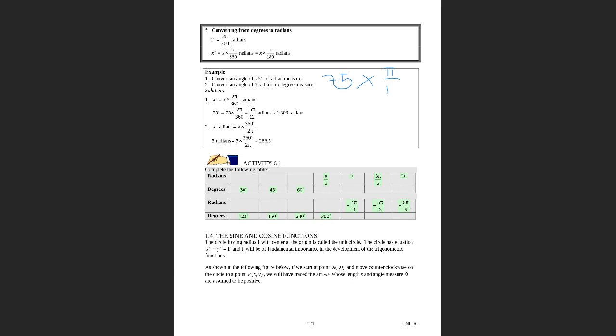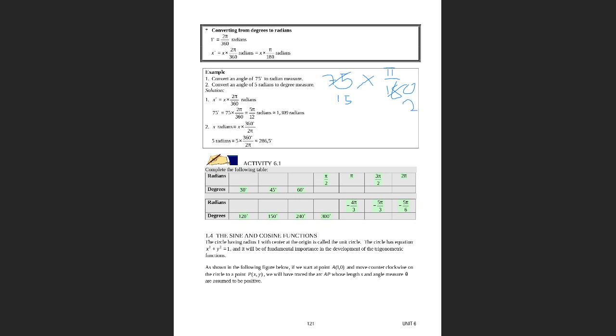Then you find out that 5 goes into 75 15 times.